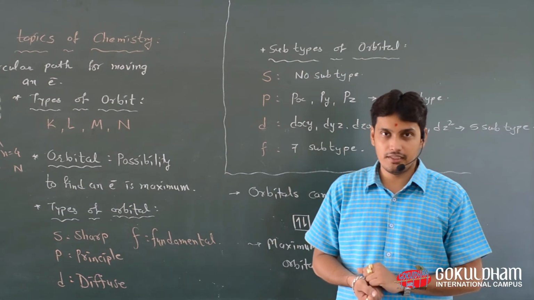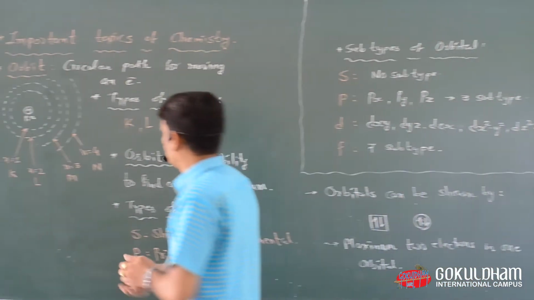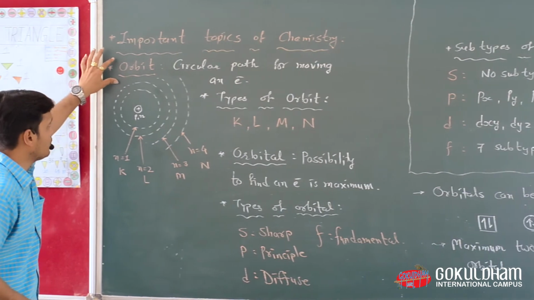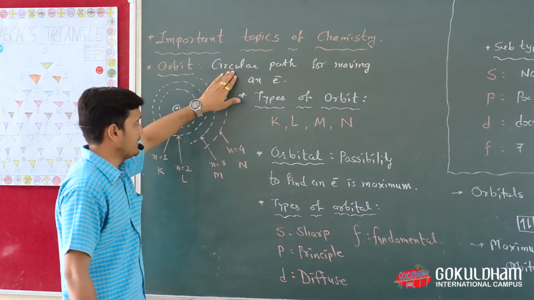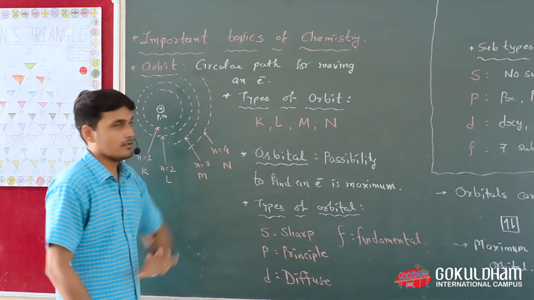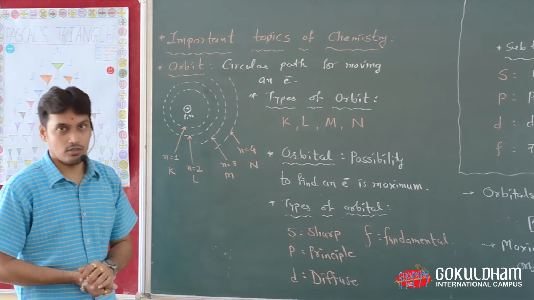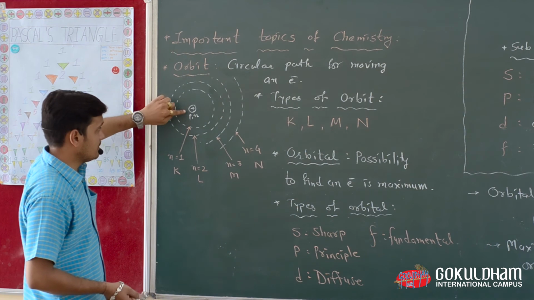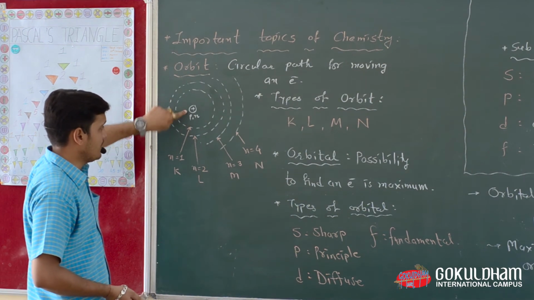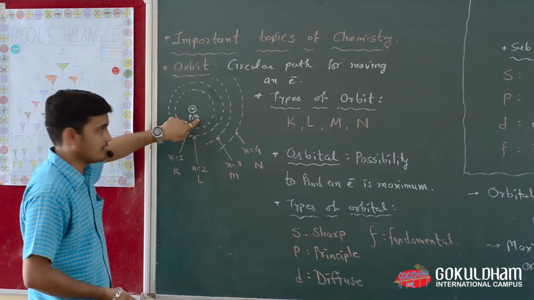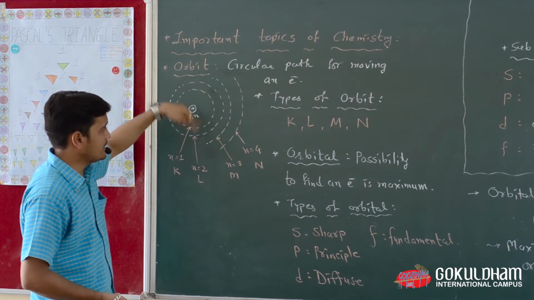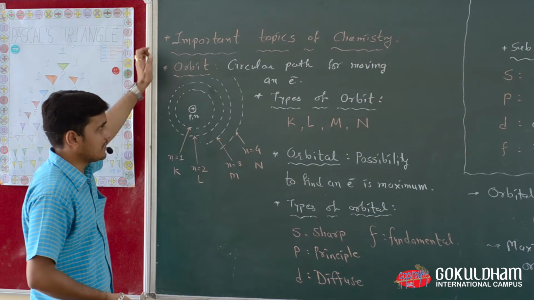The first one is, what is orbit? You can define it as a circular path for a moving electron. This is the nucleus where protons and neutrons are accommodated in the center, and these types of orbits are present.